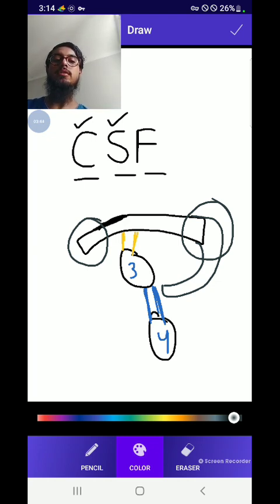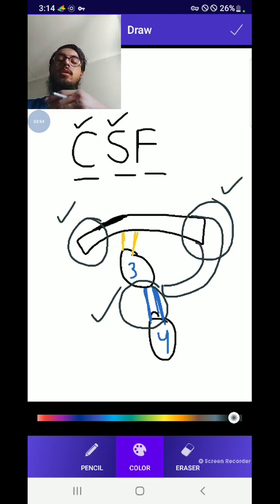The third one is the duct, the cerebral aqueduct. This is the area where the choroid plexus is not present. If there is no choroid plexus, there are no ependymal cells and there is no formation of CSF in these areas of the ventricle.